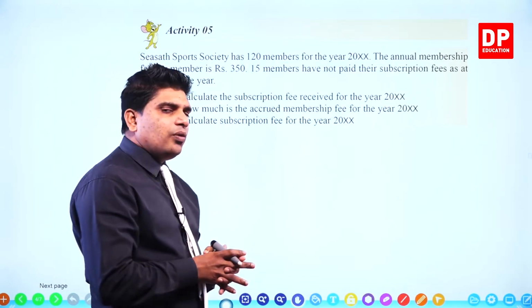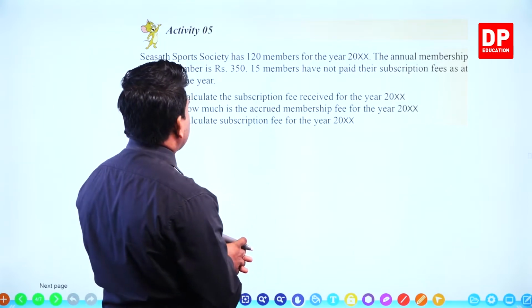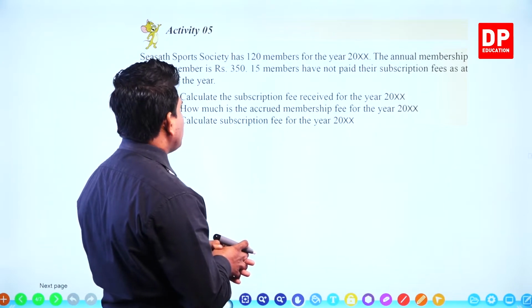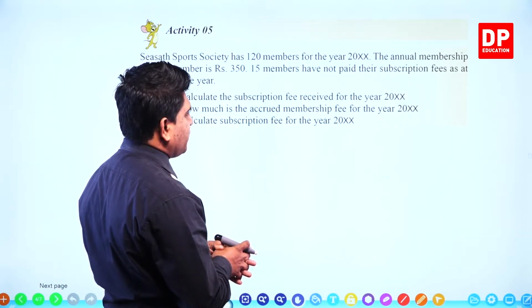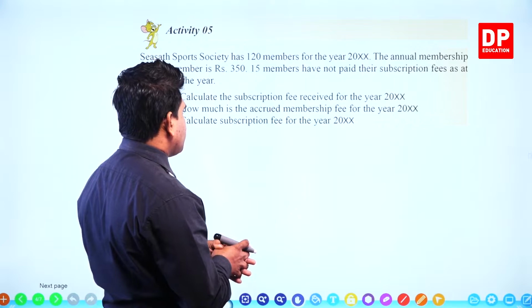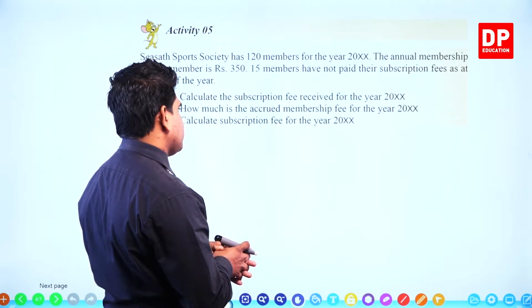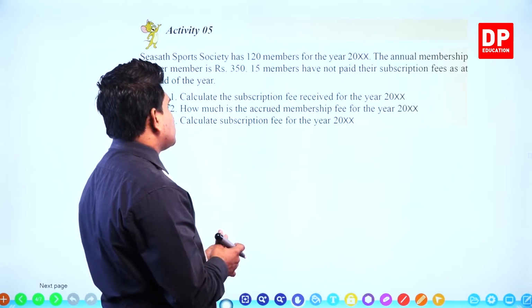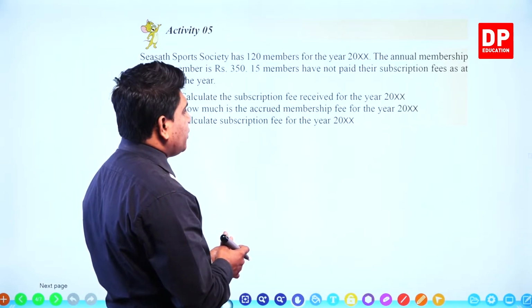Now calculate the subscription fees received for the year. How much are the accrued membership fees for the year? The first one, calculate the subscription fee received for the year.